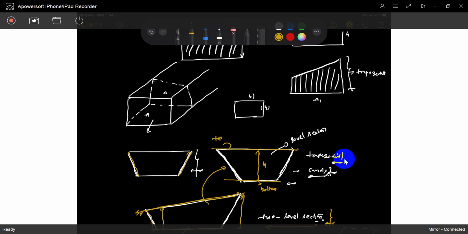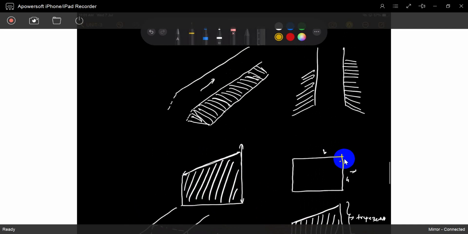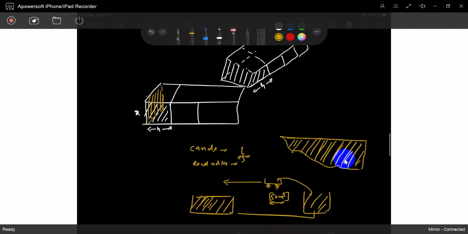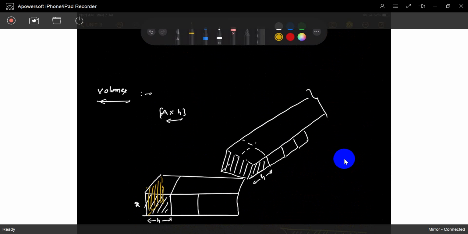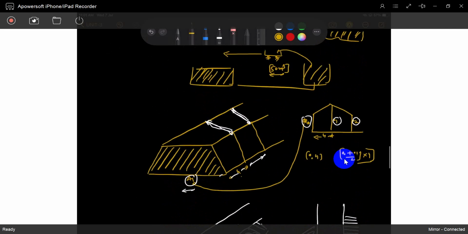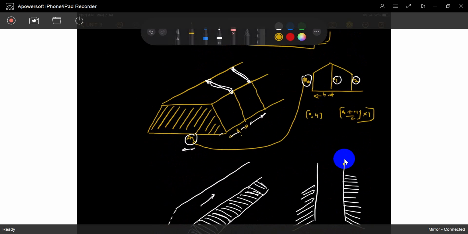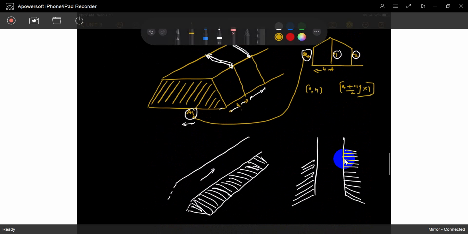Okay, that's it. So today's task is: what is the importance of finding out the volumes in our surveying? How many different shapes are there, and in which locations in different fields do we want to find out the volumes, as we just discussed.